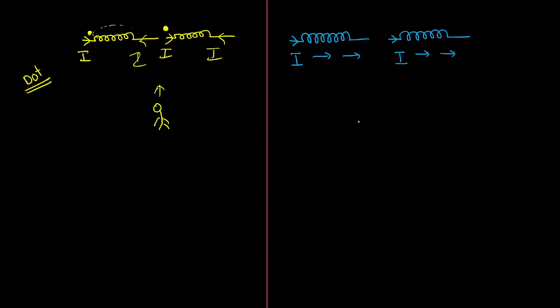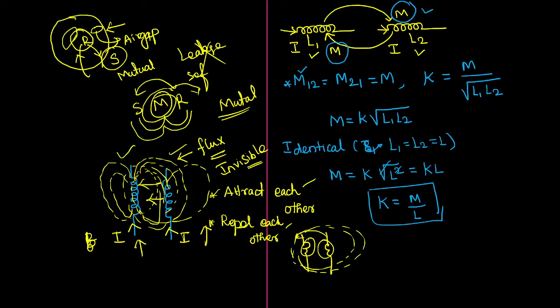Now what will happen? When you are injecting the current in the same direction, the net flux produced by coil 1 and coil 2 will be attracting each other.